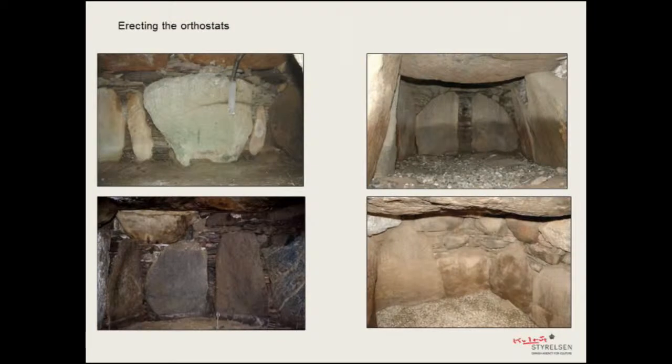When erecting the orthostats, they are normally standing in holes in shape and depth adapted for each stone individually. This means that the final height of an orthostat in the construction was known already on this stage. In some structures, the orthostats stand as monoliths, and in some they stand in contact to each other, often leaning against each other.